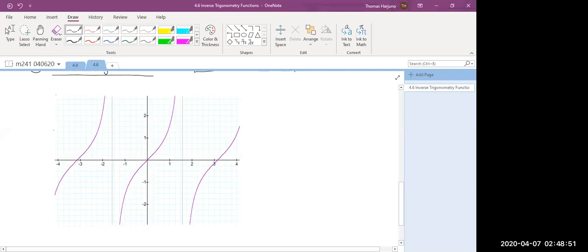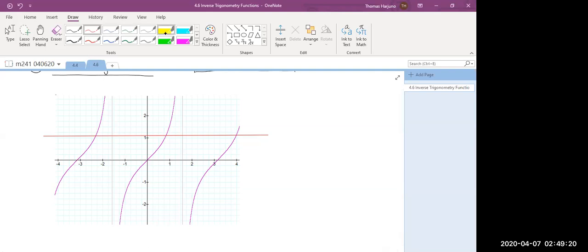This is the graph of tangent of x. Now the thing is, like I said before, tangent of x, just like other trig functions, is not one-to-one, because when I draw a horizontal line here, it will hit the graph at multiple places. You see, so it's not a one-to-one function.